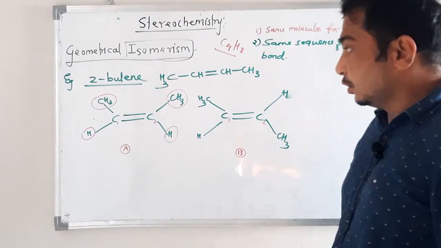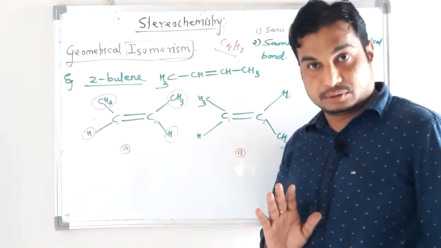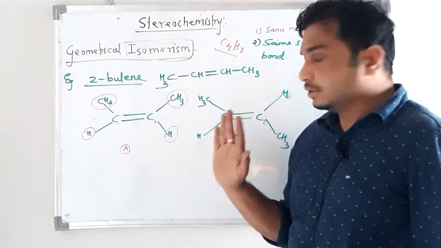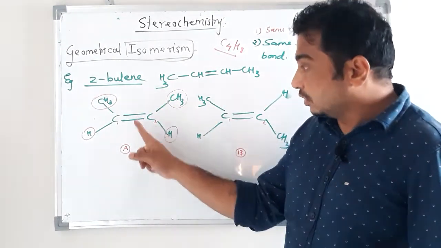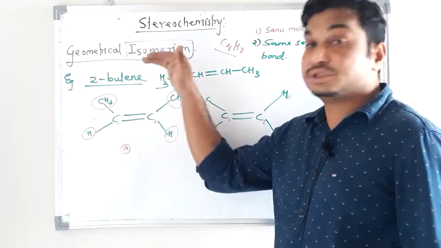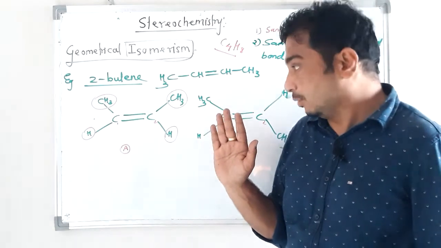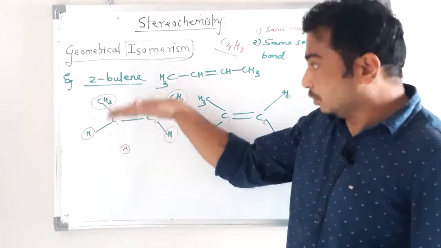But see, both methyl groups are present on the same side of the double bond, here the top side. Both identical groups are on the same side of the double bond. Both methyl groups are on the top side and both hydrogens on the down side.